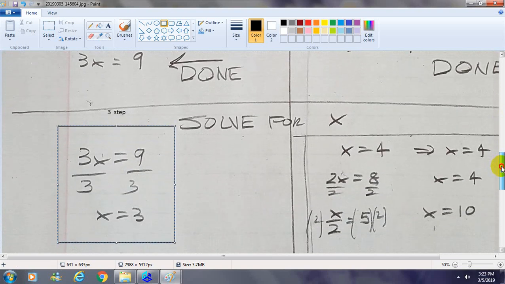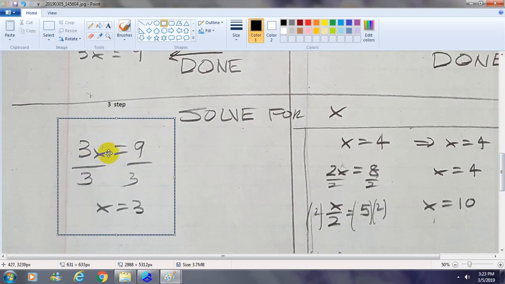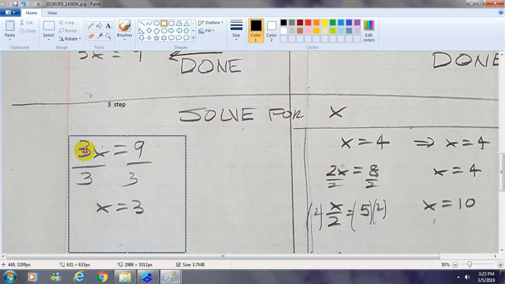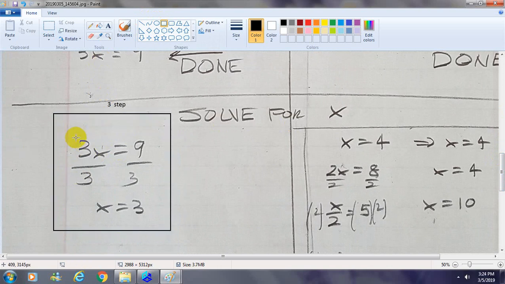How do you get the x alone? If you have 3x and you want to get x alone, you divide this by 3, okay? 3 divided by 3 is 1.